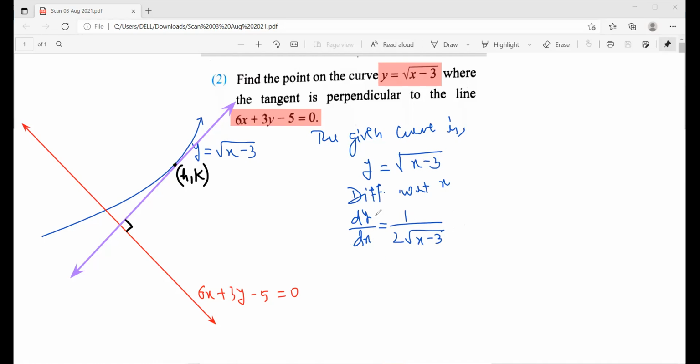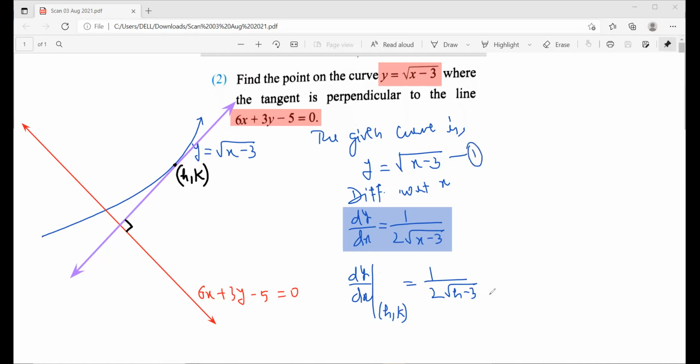Now, I got dy by dx, but where is this tangent actually drawn? The tangent is at h comma k. You understand? The tangent is at h comma k. So here I write, therefore dy by dx at h comma k is 1 upon 2 root h minus 3. What is this?